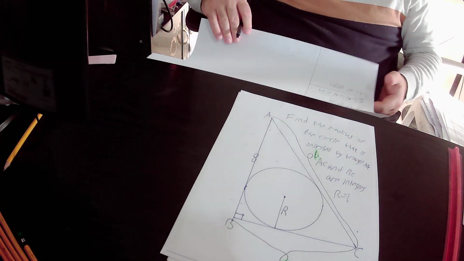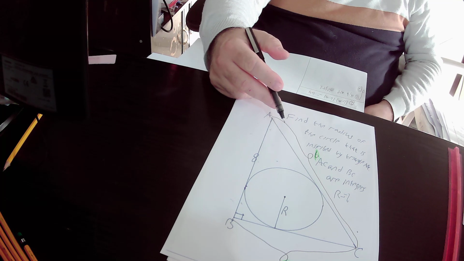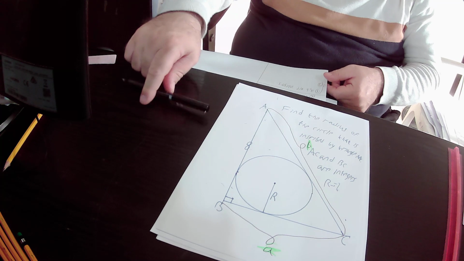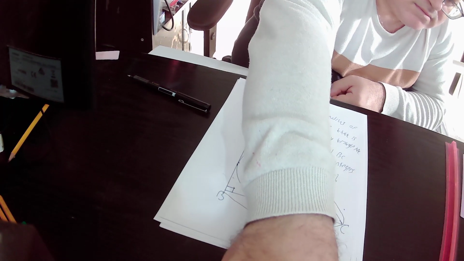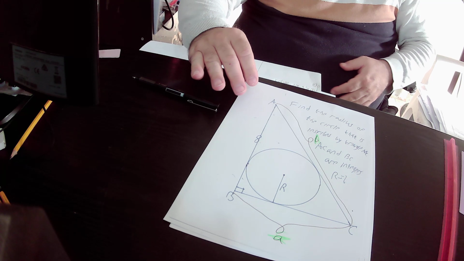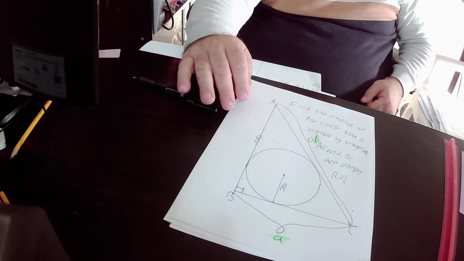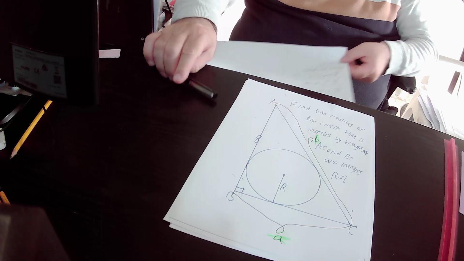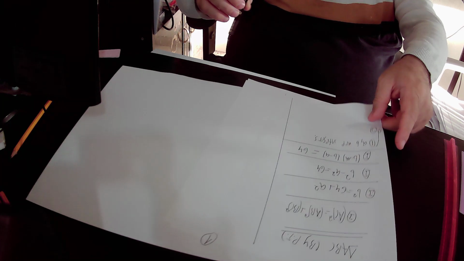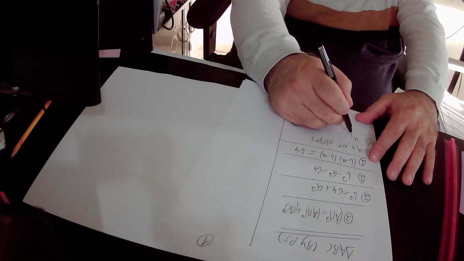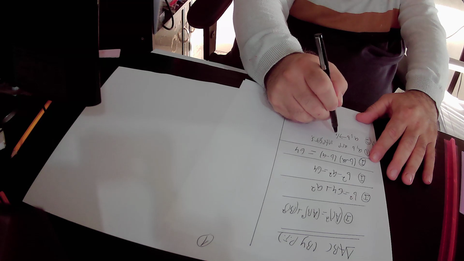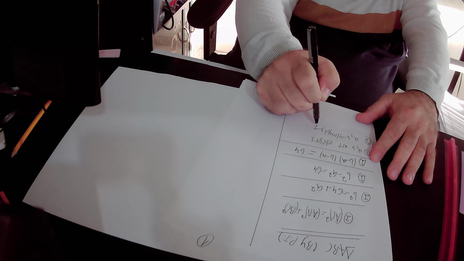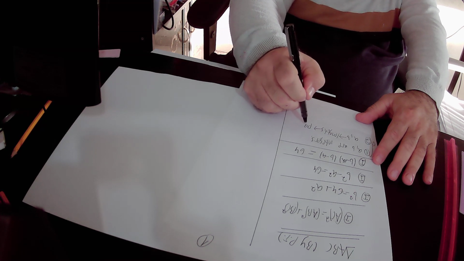And the second thing is that A and B are the lengths of the sides of the right triangle ABC. Therefore, A and B are lengths, and the lengths must be positive numbers.